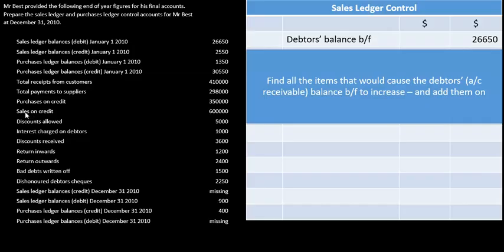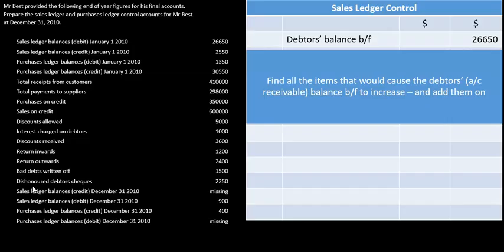That means that the customers bought more goods, so therefore that will increase the balance. We also see that interest was charged on some of the debtors because obviously they were not paying, so you charge them some interest, which means you're increasing the balance.